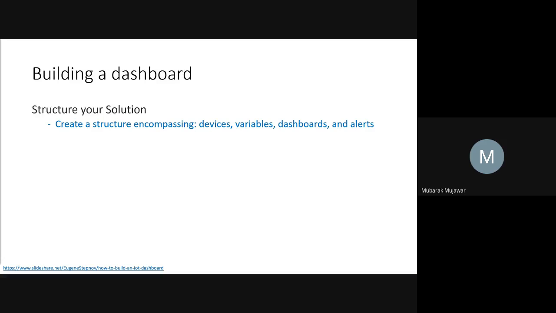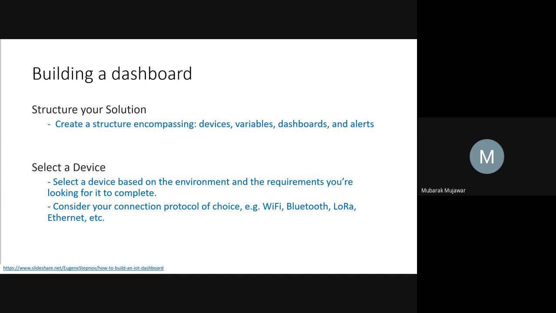We also have to select a device based on the environment and the requirement you're looking to complete. Once you have finalized your device, then you can consider your connection protocol. For example, you may choose different communication protocols such as Wi-Fi, LoRa, Bluetooth, as I mentioned earlier, or perhaps just Ethernet.